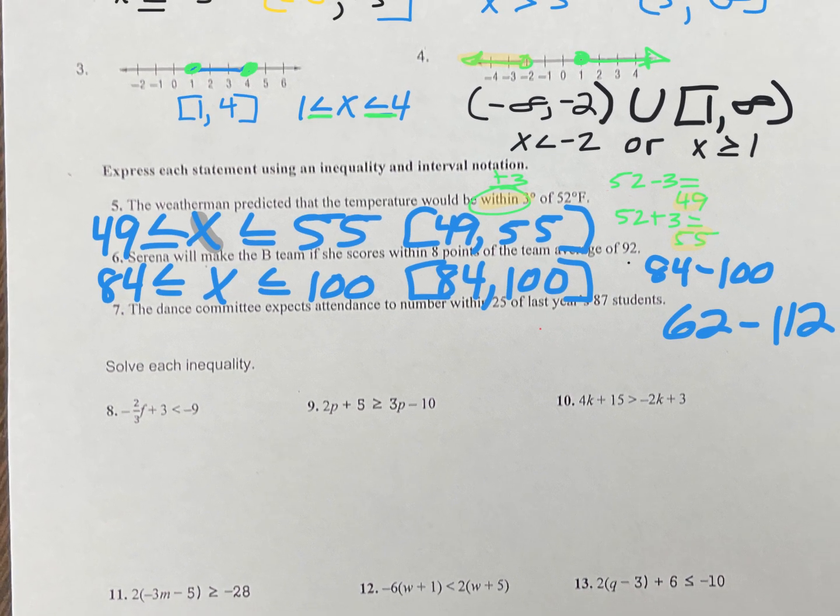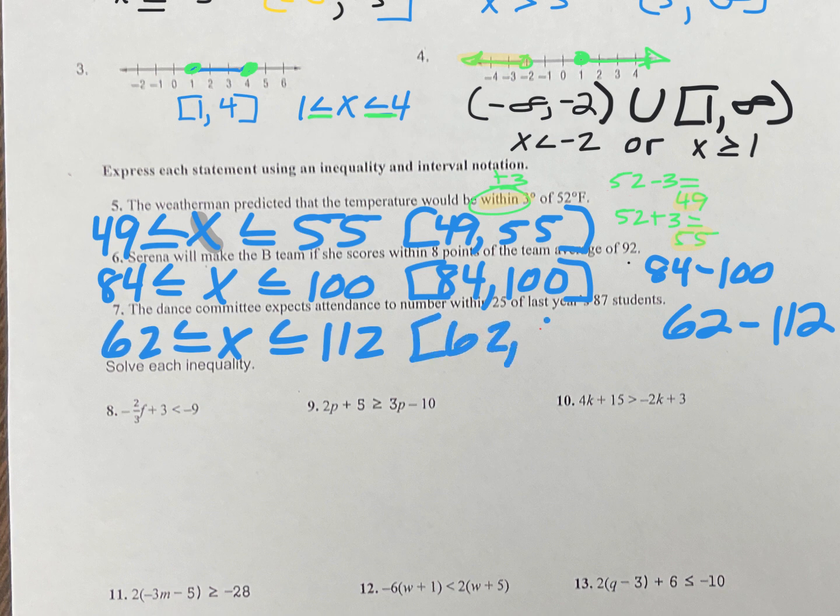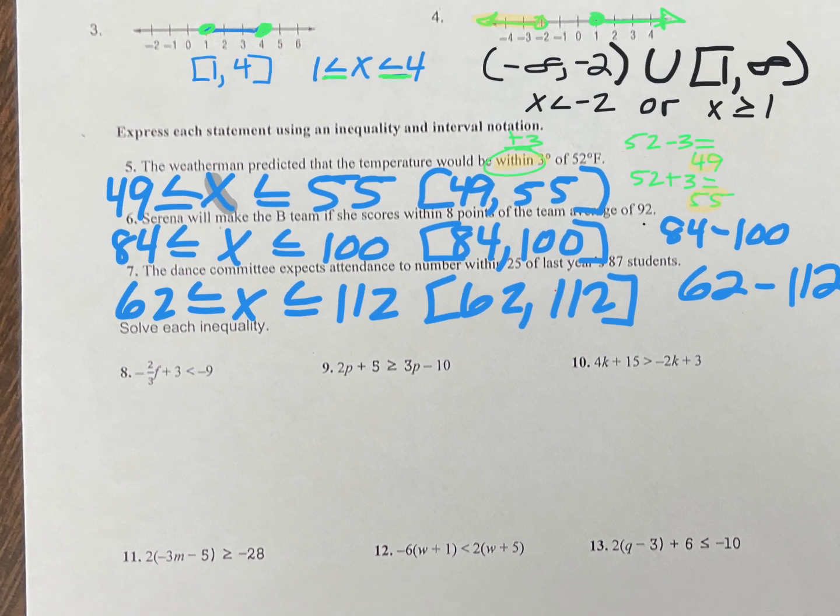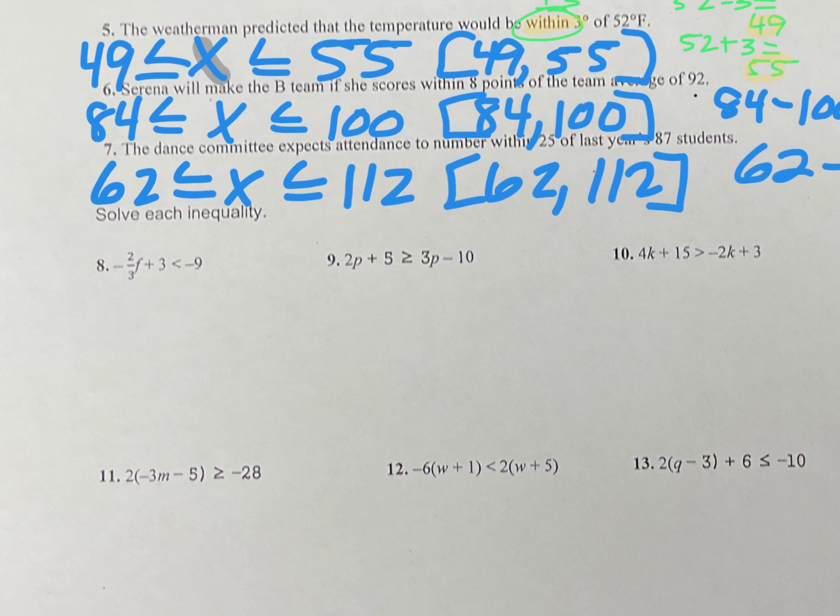Yeah. So that means X needs to be between 62 and 112. Again, I don't care about the equal to sign because I can see your argument.